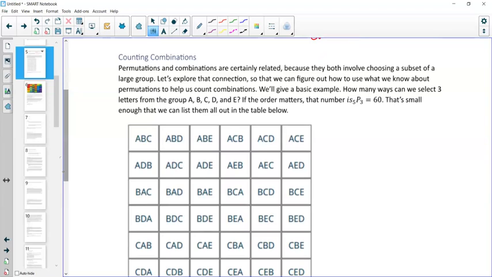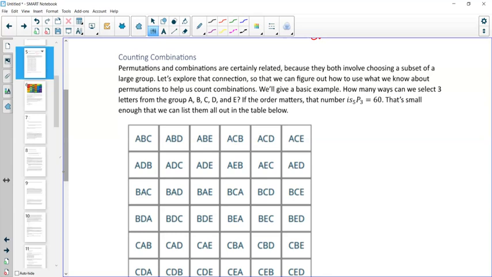Permutations and combinations are certainly related, because they both involve choosing a subset of a large group. So let's explore that connection so that we can figure out how to use what we know about permutations to help us count combinations. We'll give a basic example. How many ways can we select 3 letters from the alphabet group A, B, C, D, E?